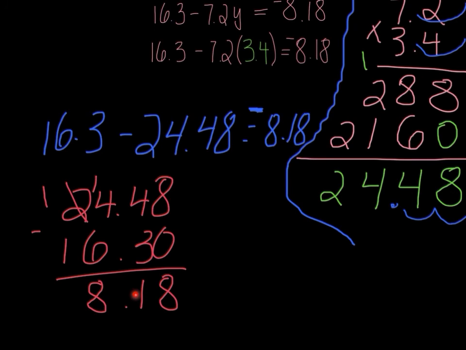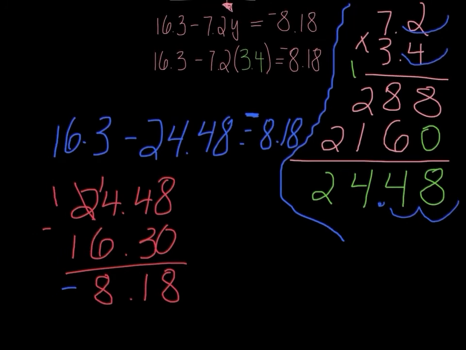As I mentioned before, because we're starting with a value with a smaller absolute value, our answer will be negative. So I'm going to include a negative sign in front of my number. So I have successfully checked out the work.